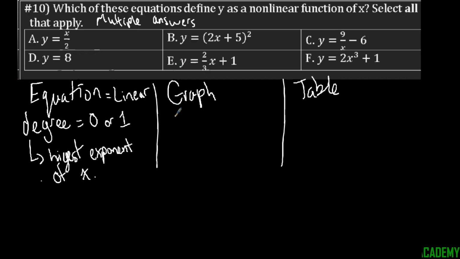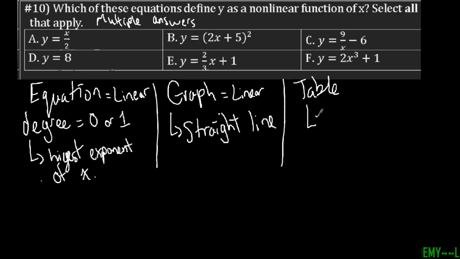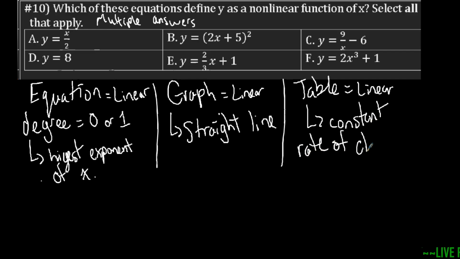When we look at the graph, a graph of a linear function is going to be a straight line, and the table for a linear function is going to be a constant rate of change. So it's going to be the same thing from each point to the next one. So that would just mean that the slope is not changing.